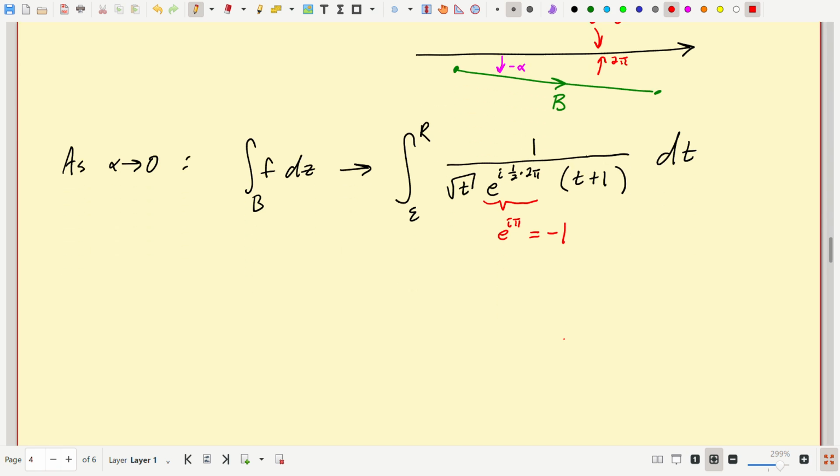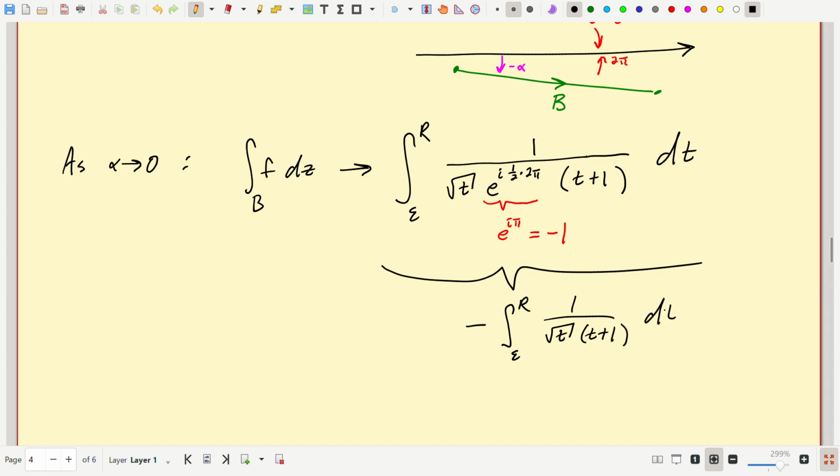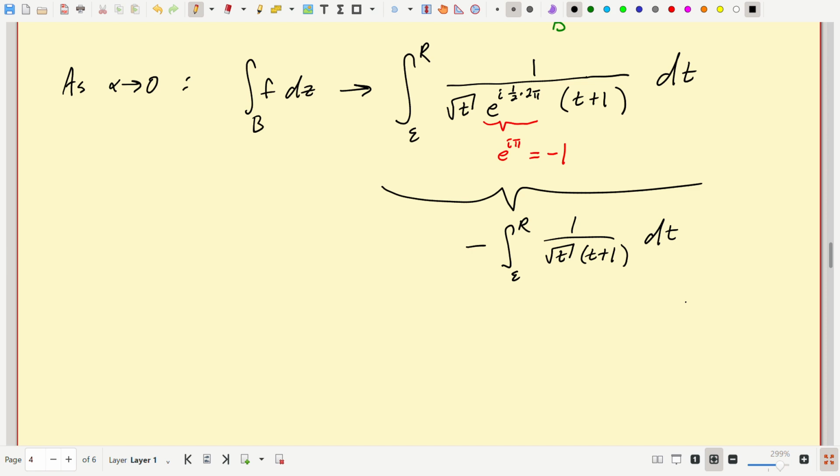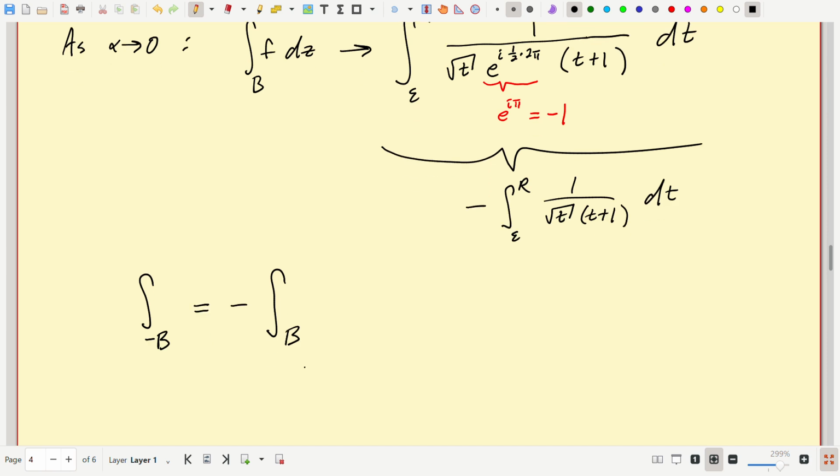So it's minus the thing I want. So this is equal to minus the thing I want, which is the integral from epsilon to R of 1 over the square root of t times t plus 1 dt. And so the integral along minus b is equal to minus the integral along b. And so the integral along minus b is going to be plus that.